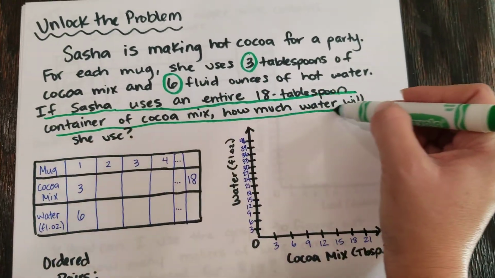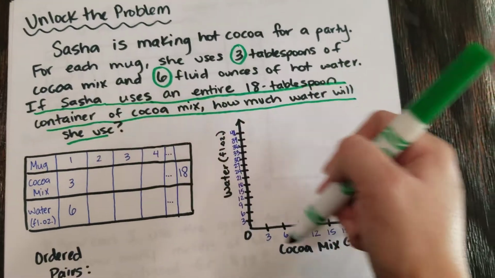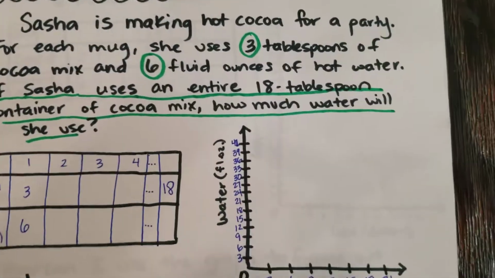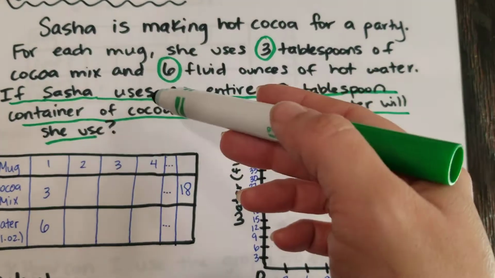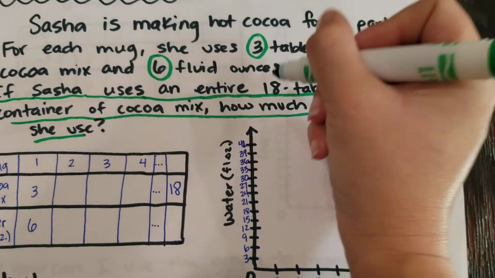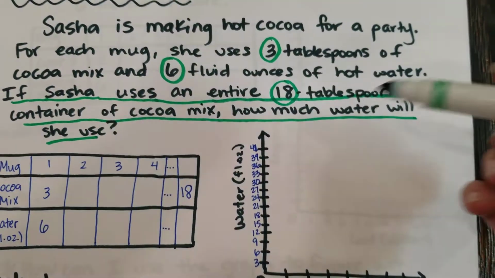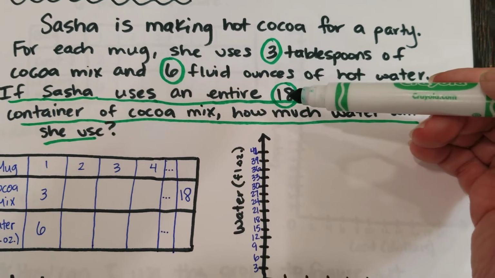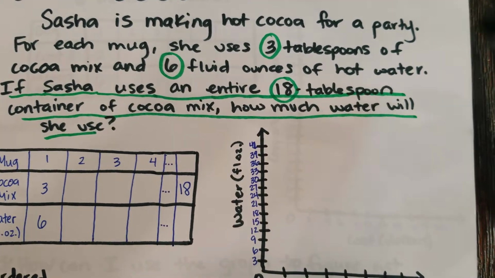And we could use the rule, that's fine. But we could also use this graph. So that's what I'm going to show you today, okay? If Sasha uses an entire 18 tablespoon container of cocoa mix, so not just 3, she wants to use all 18, how much water is that going to take?